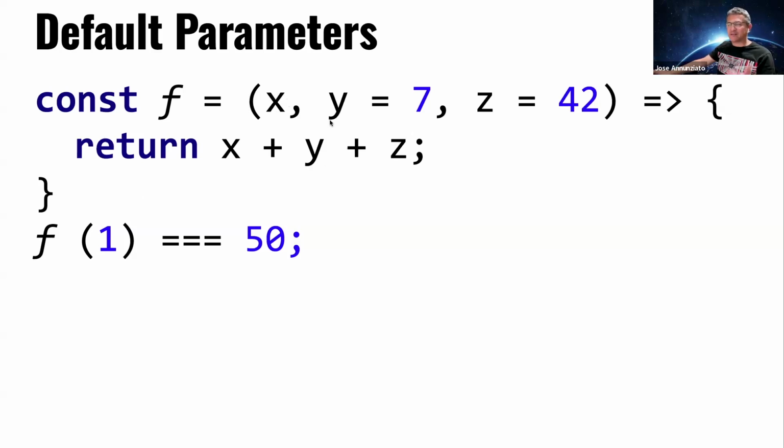So you don't have to pass in y and z. The way you can do that is that you can give it a default value. Now you can pass values for y and z, and if you provide them, it overrides the default. Or if you don't provide them, it still keeps the default value declared here.